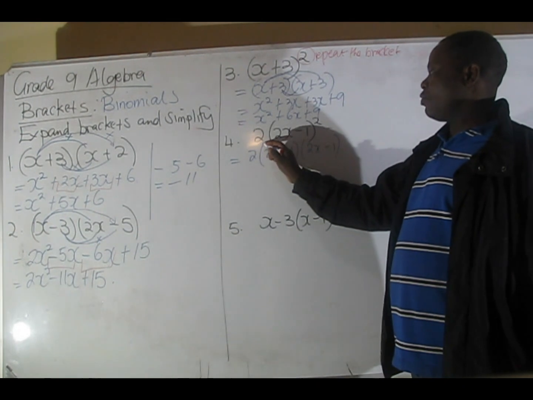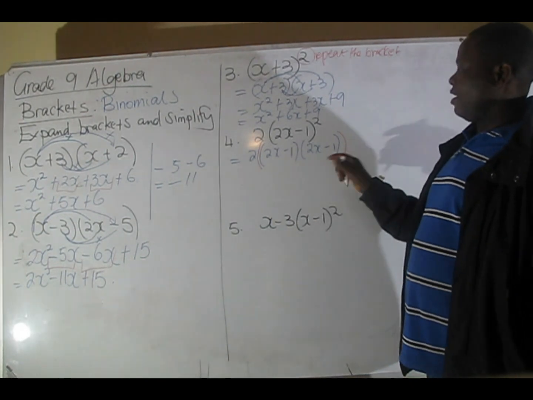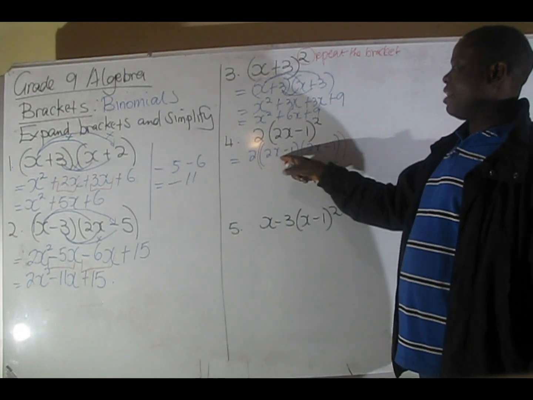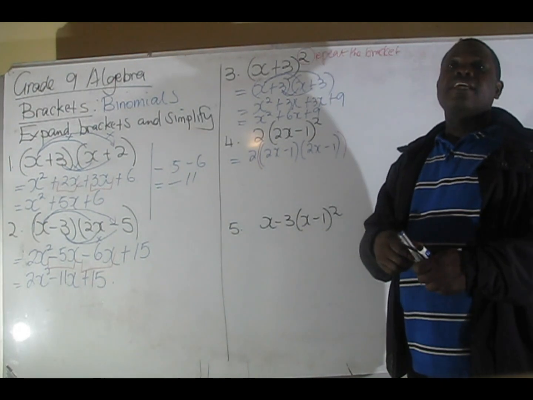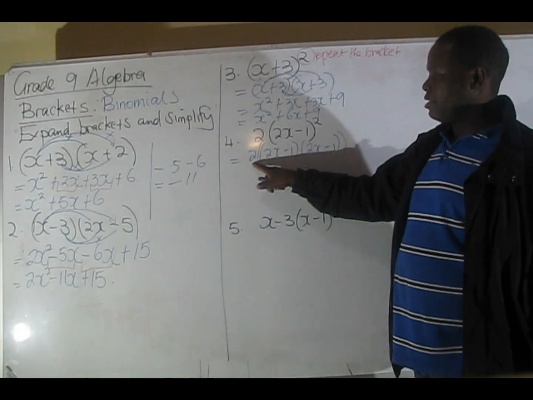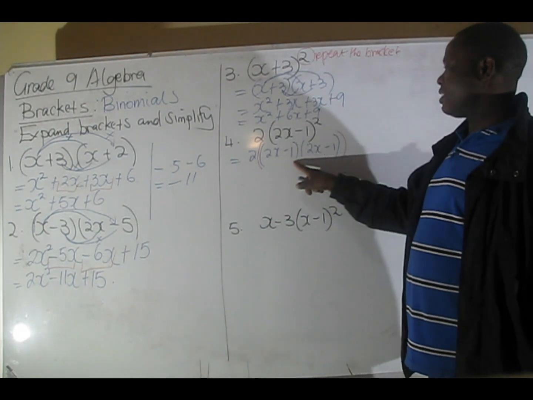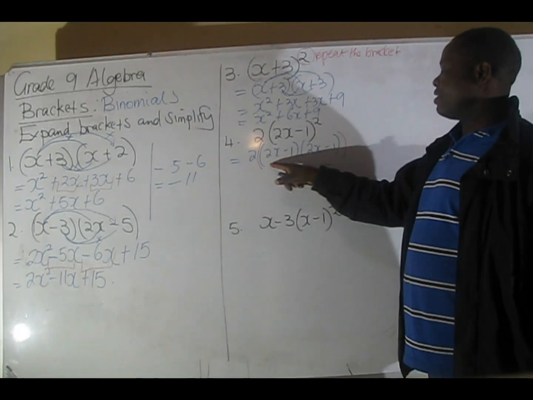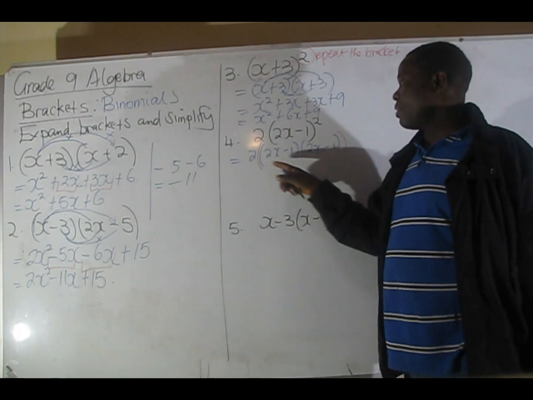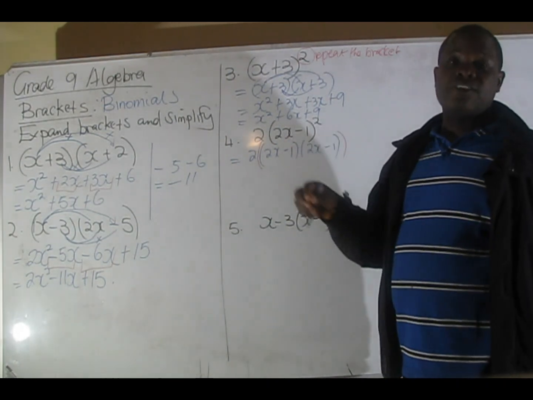It's advisable to introduce more brackets like this. You put more brackets, then you get rid of the ones which are already there. The reason we do that is because this 2 is going to multiply whatever answer we get after removing these brackets. So we keep the 2 outside and deal with the brackets first.